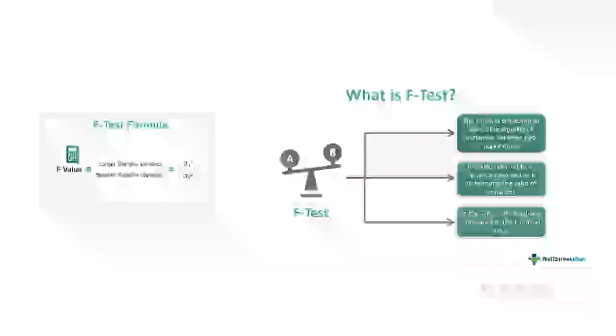Now the F test also works in a similar fashion to chi-square, but it's more of an improved version. Let's say there are two populations. The F test is employed to check the equality of variance between two populations.